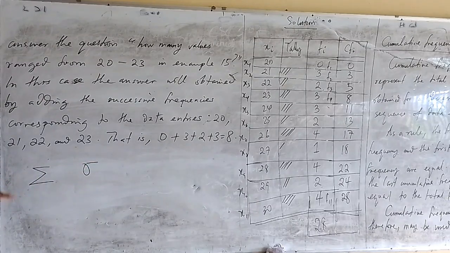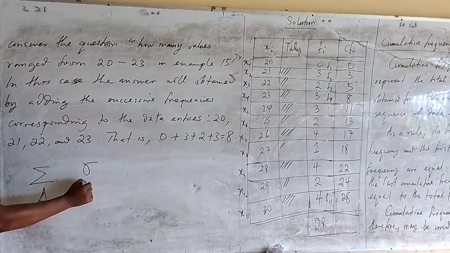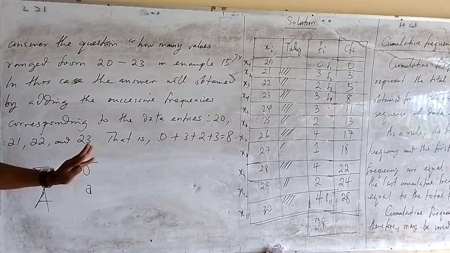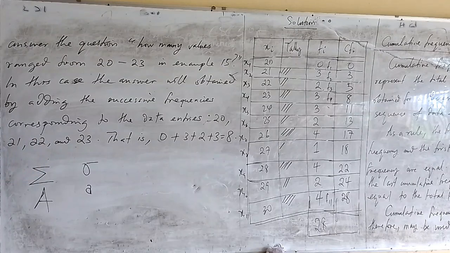This is like uppercase A and small a. Is it clear? In statistics, we reserve this one for standard deviation, population standard deviation, and population variance when it has a square on top. But this one here is reserved for what we call summation.